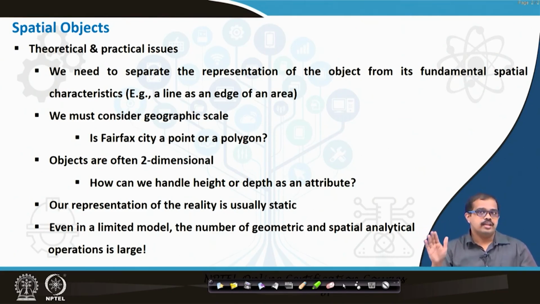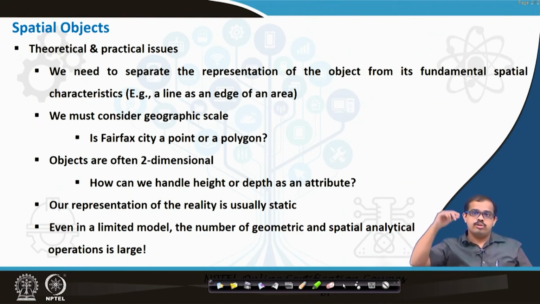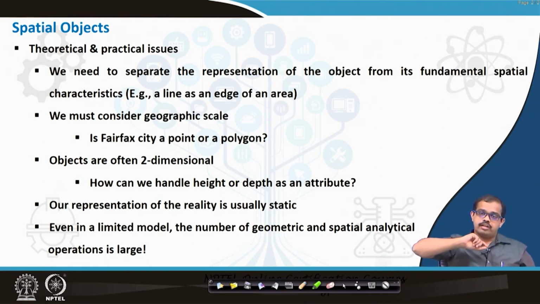The scale in two different vector models would be very different. A city is a point or a polygon. If you are representing entire India, each city is a point. If you are representing only a particular city like Kolkata, that city is a polygon. So, please be extremely careful about what geographical scale you are considering.